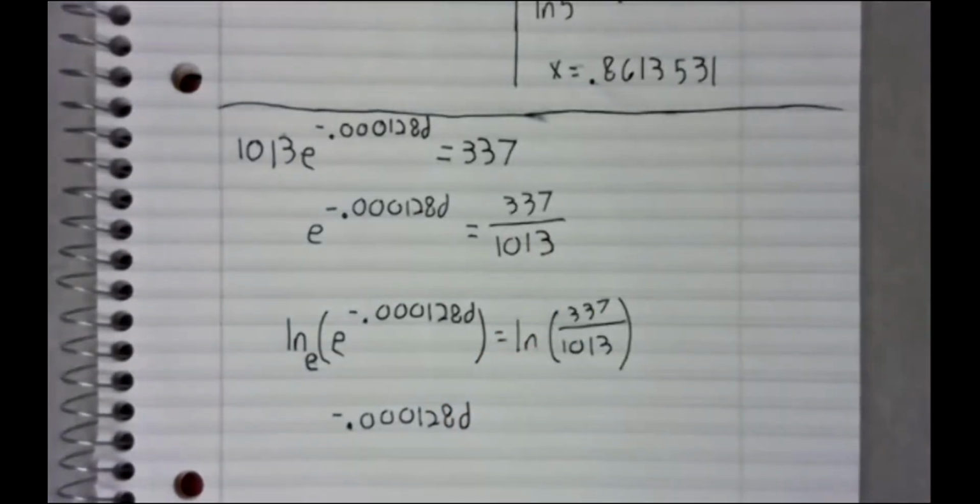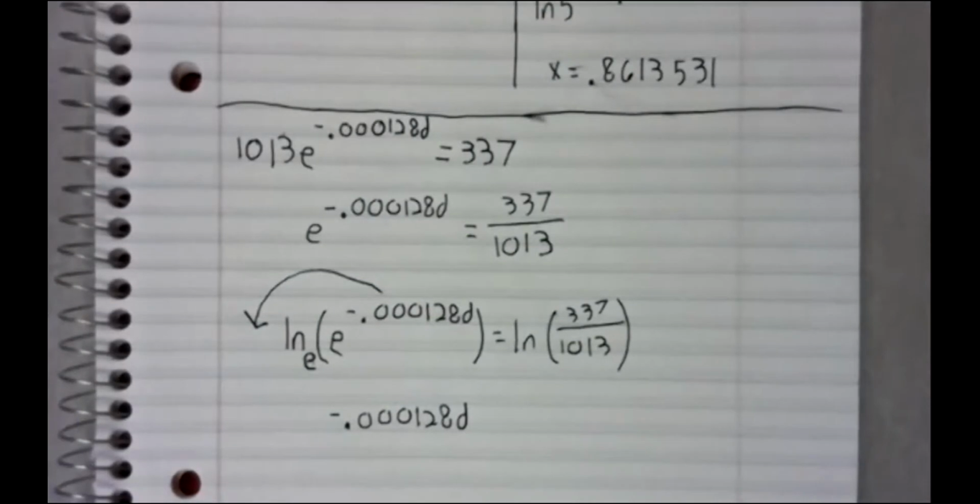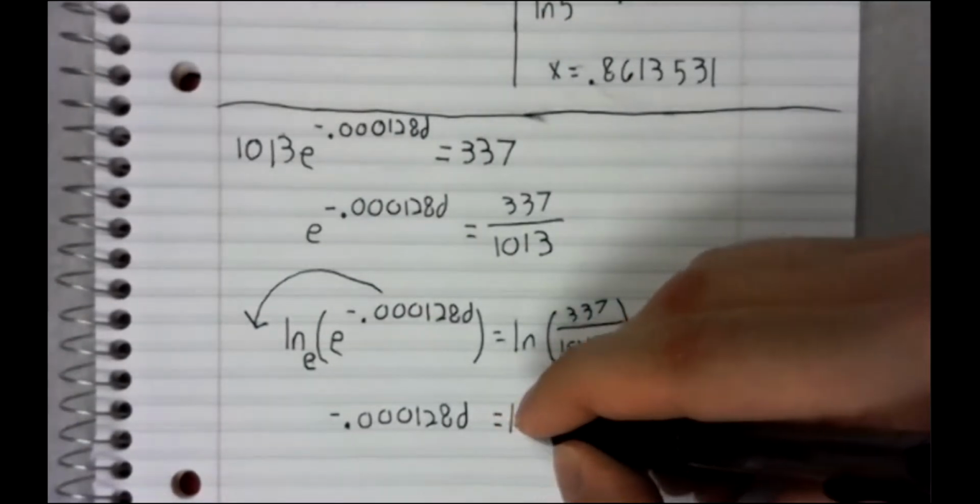If you wanted to use something like the common logarithm, you could, but instead of the logarithm and the exponential canceling each other out, you'd have to take that down in front of the common logarithm and do some division.